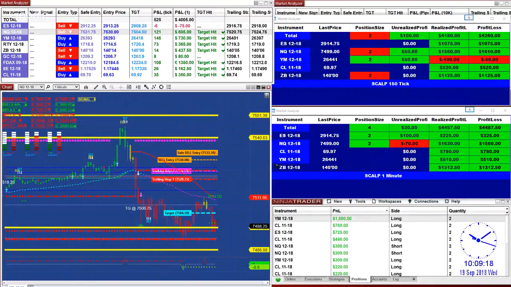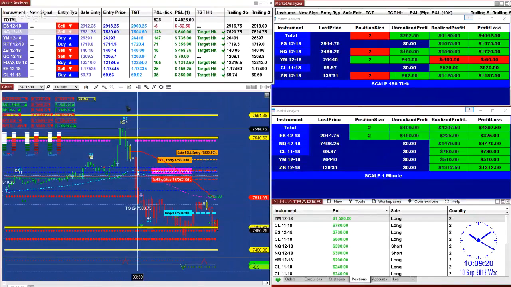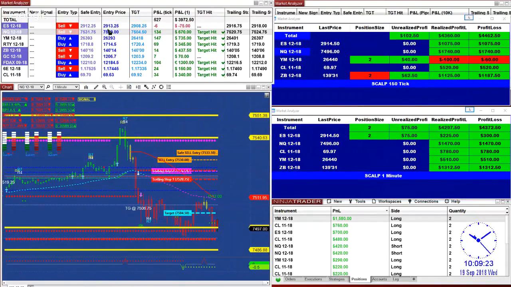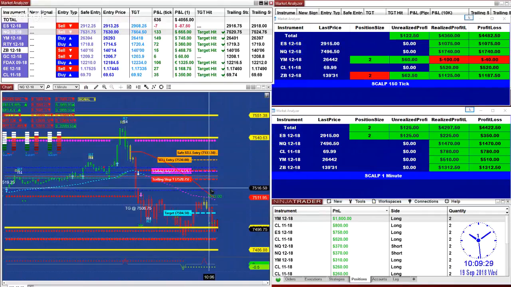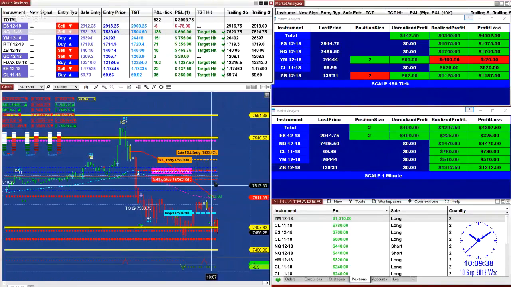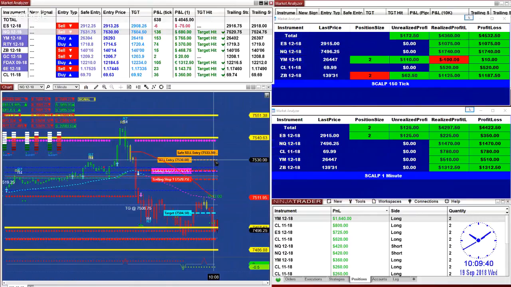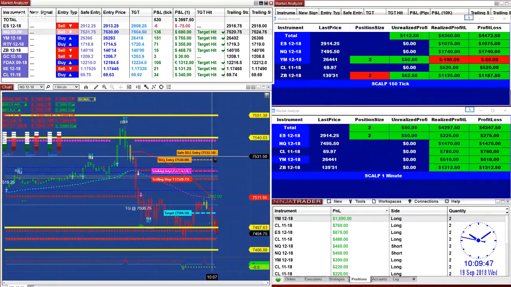On the Nasdaq, the re-entry price is 753,175. I tell you where the re-entry point is, right there, right in front of you. It's right there. This is your re-entry point on the Nasdaq.